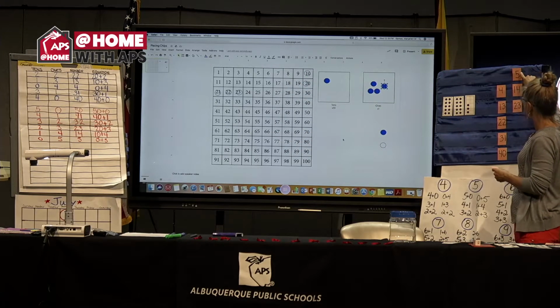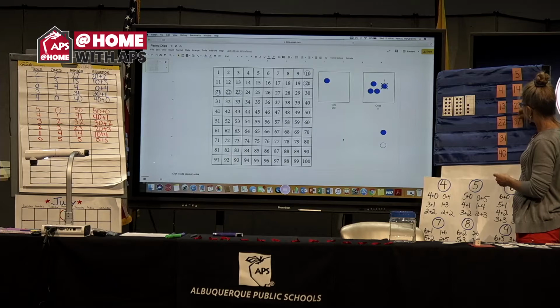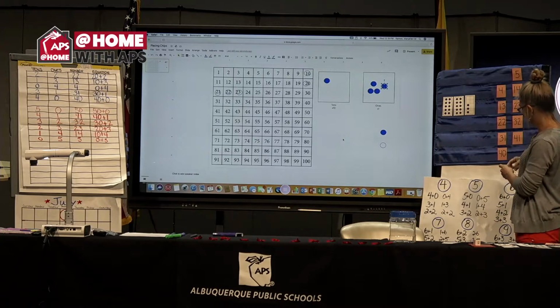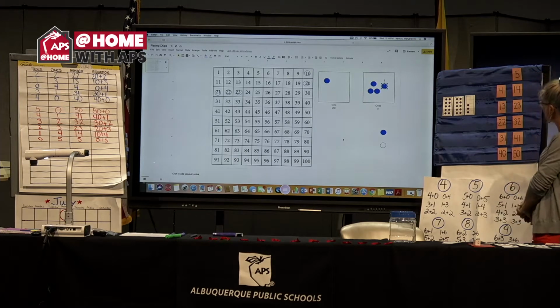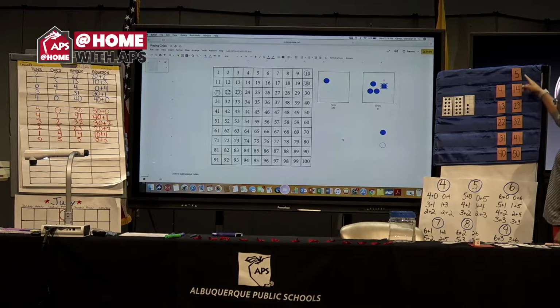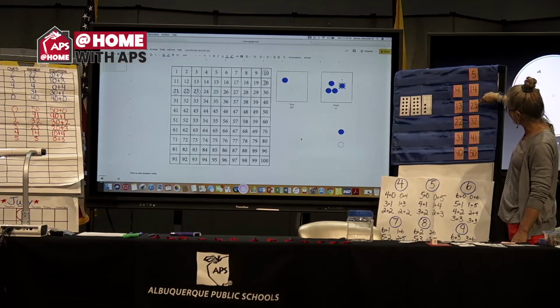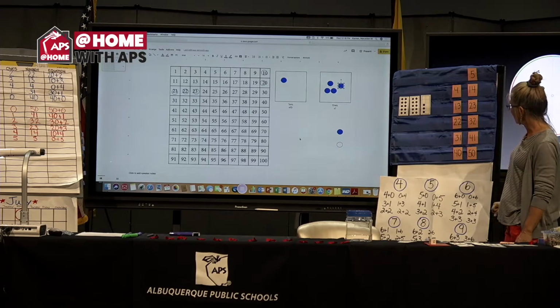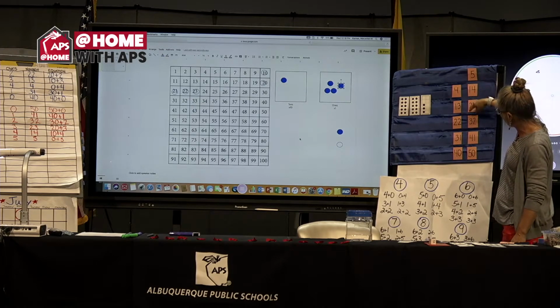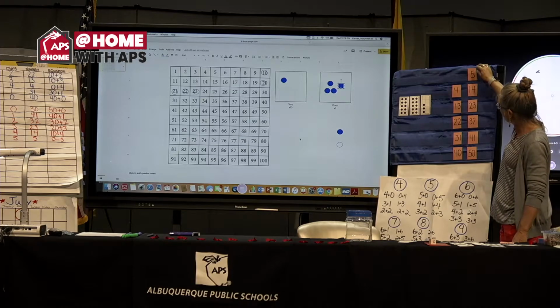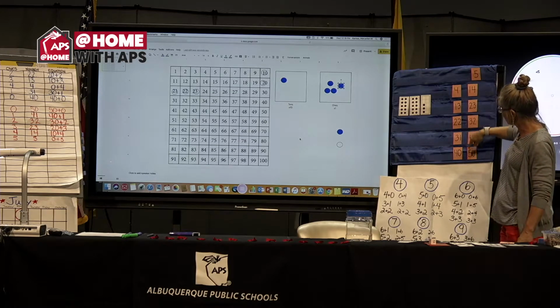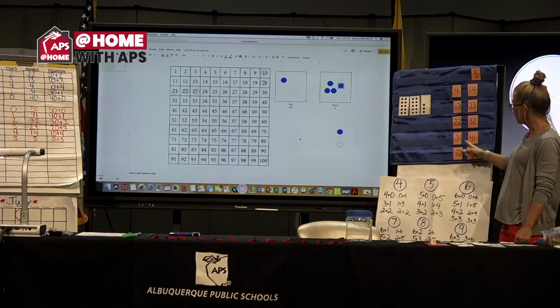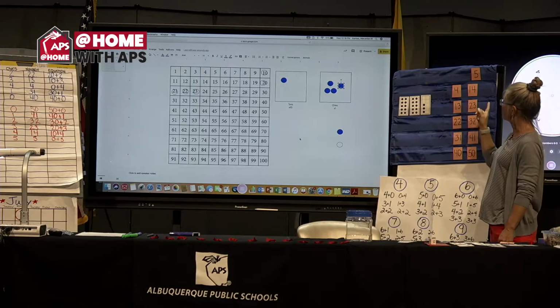Because that'll go from smallest to largest. 23, 41, 50. Do you notice any patterns in these numbers that we've made? Look at that. I see 5, 4, 3, 2, 1, 0. I see that same pattern in the 1s. I see a pattern in my 10s place. That's the same. And look, we have a pattern going across too.